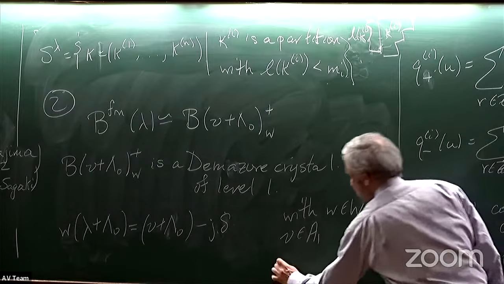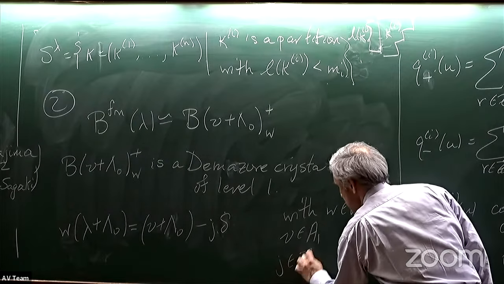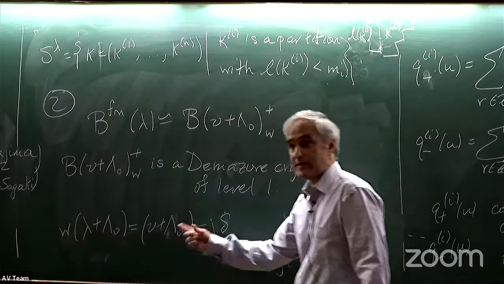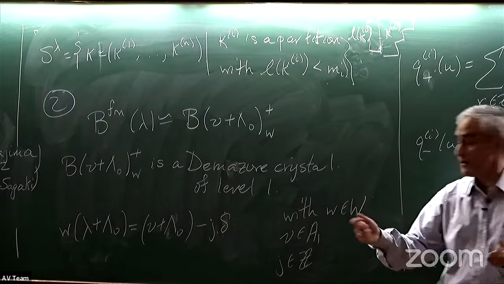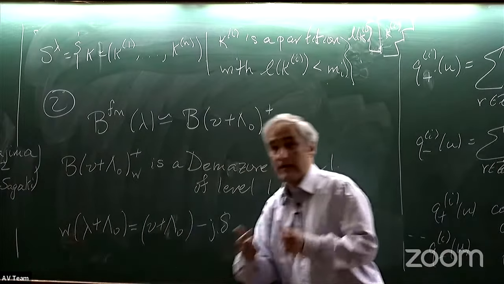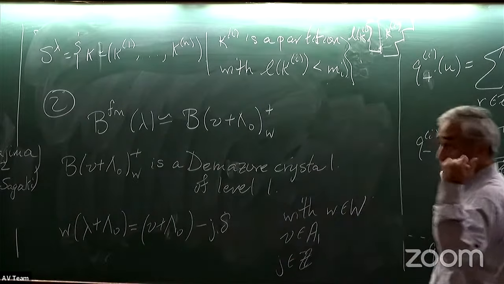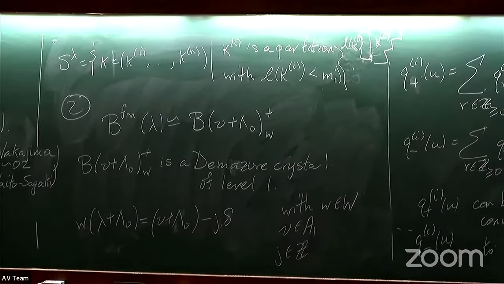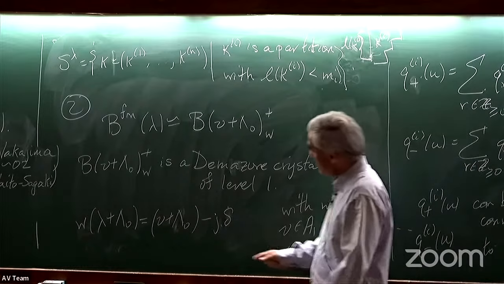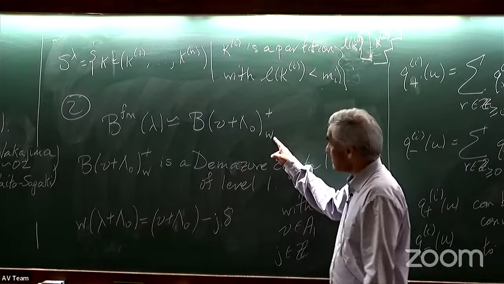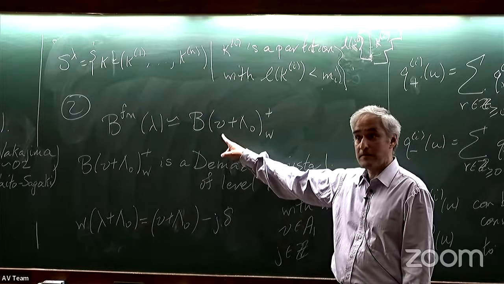So J is some integer, which just by trying to move this weight into the dominant alcove, the affine Weyl group will introduce some factors of delta, and they are whatever they come out to be. So that tells you, starting with the lambda, you obtain this W and this nu.